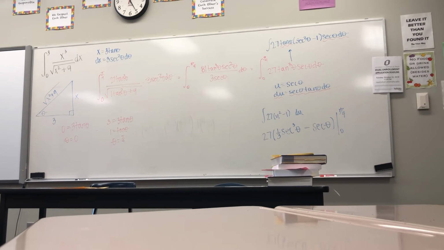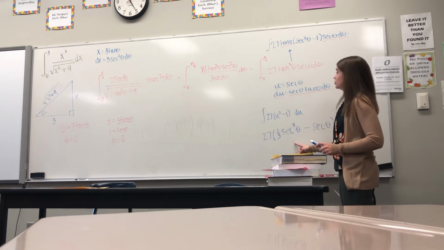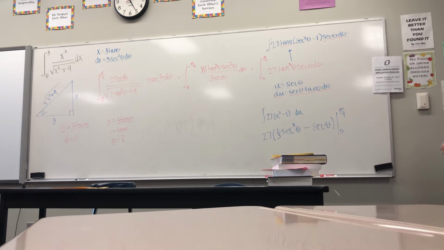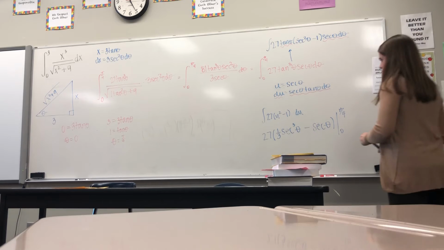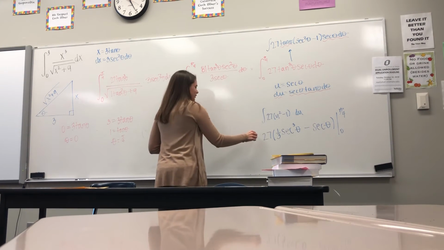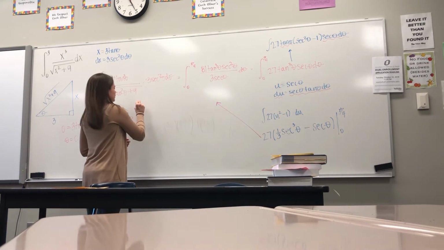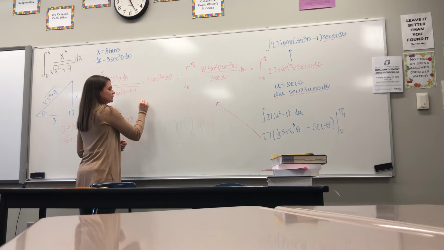Wait, how do you have secant cubed? Because the antiderivative of u squared is 1/3 u cubed. Oh, and then you plug in, okay. Now we get to evaluate. So we have 27 times, what is the secant of pi over 4?